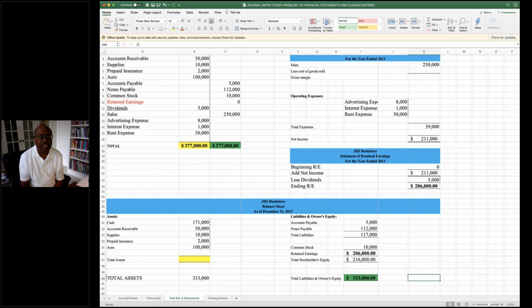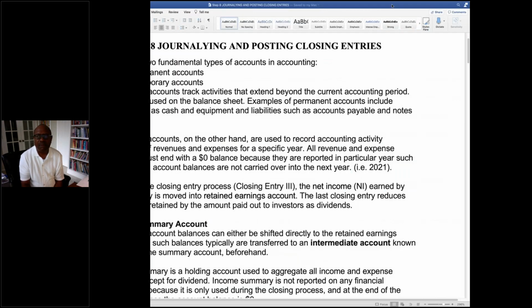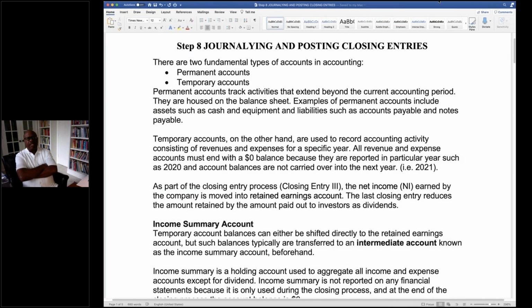Okay, see if we can look at one other thing today. The final thing that we're going to look at today, and I think I put this in course content for the accounting cycle, is journalizing and posting closing entries.